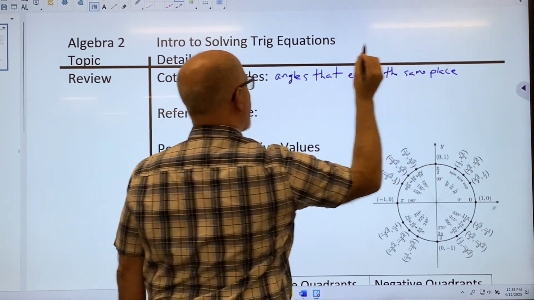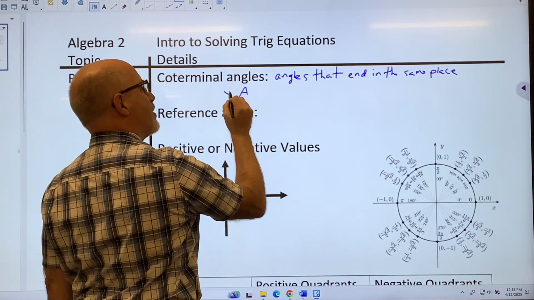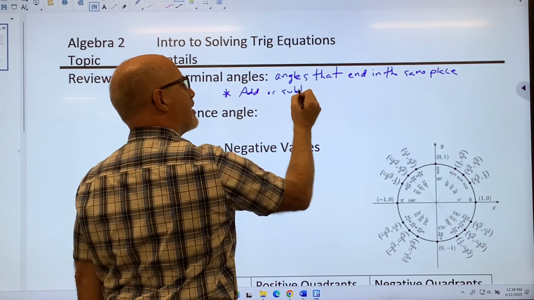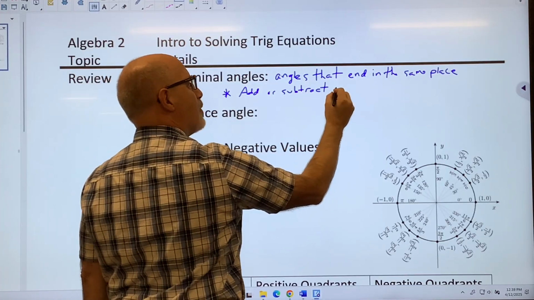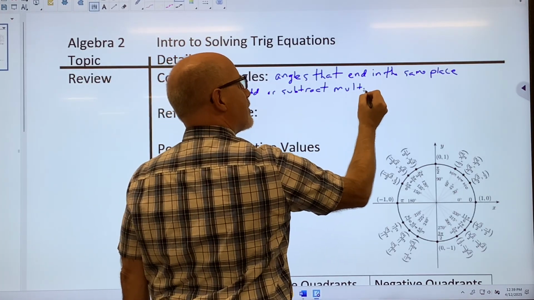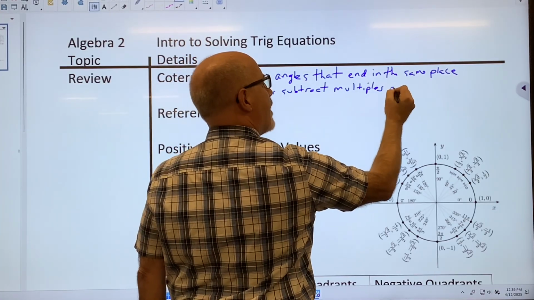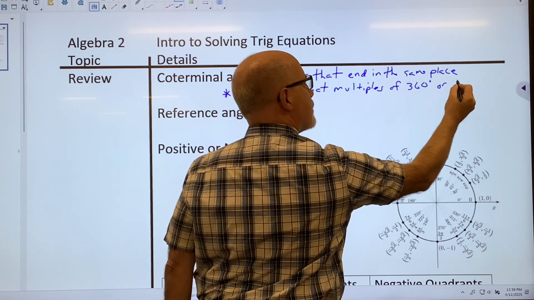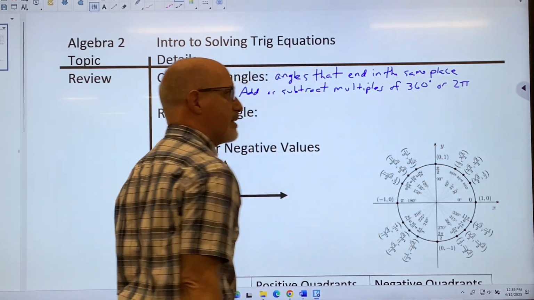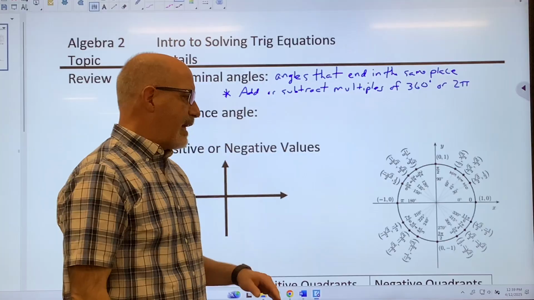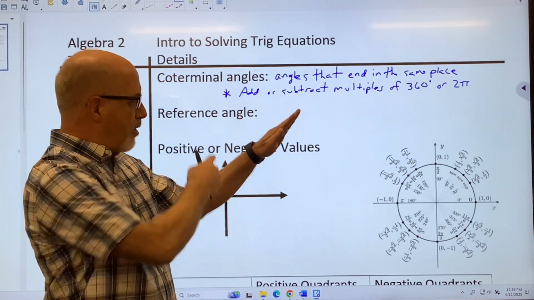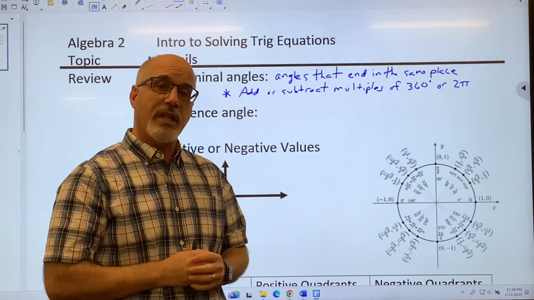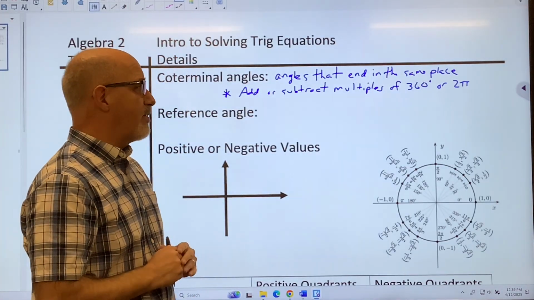Now, how we figure those out is we add or subtract multiples of 360 degrees if we're in degrees, or multiples of 2 pi if we're in radians. So if we have an angle that rotates around and ends there, we can add an entire another circle, another 360, and end in the same place. Those will have the same trig values.